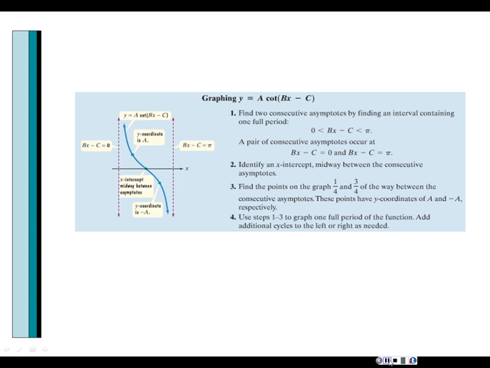Do you see the change? That's the only change we have, because tangent was undefined at pi by 2 and negative pi by 2. Compared to that, cotangent is undefined at pi and 0.